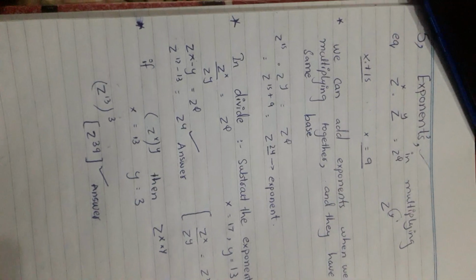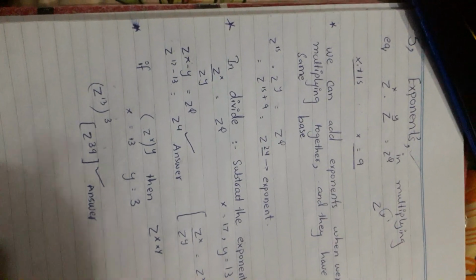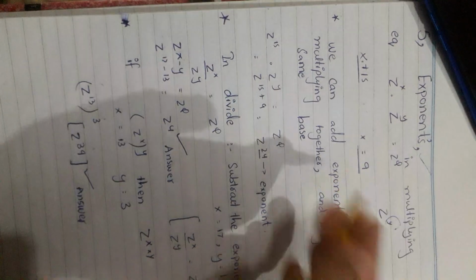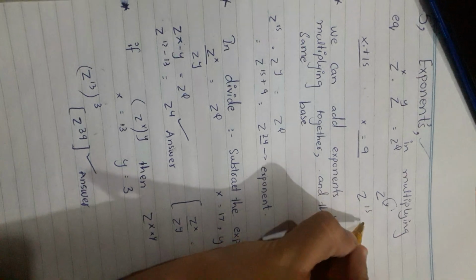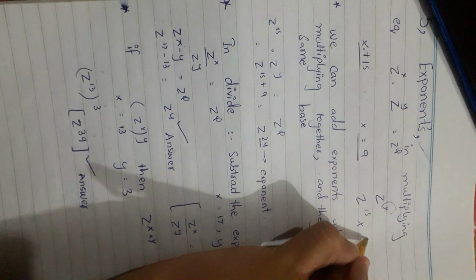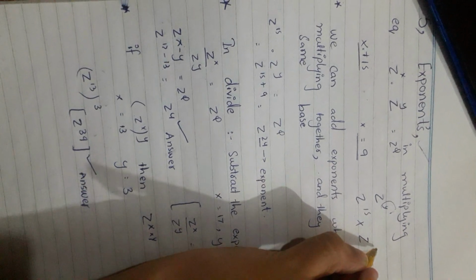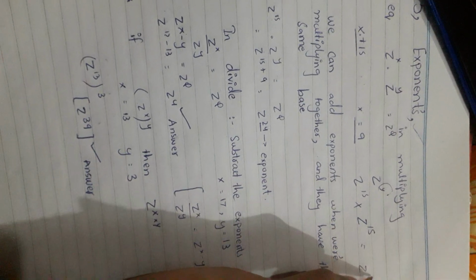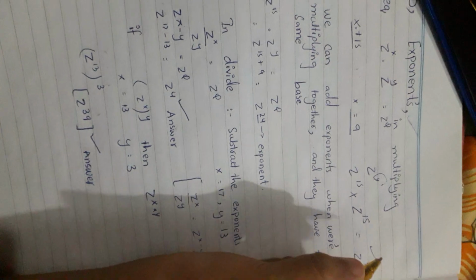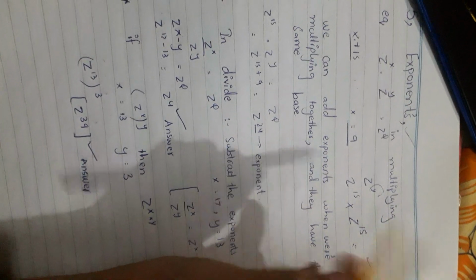What you have to do basically is, in multiplication you have to add all the powers that are being summed up in the equation. For example, if z to the 15 is getting multiplied by another z to the 15, the answer will be z to the 30. That's how you cover your equation in multiplication.